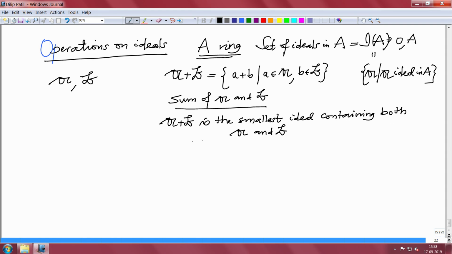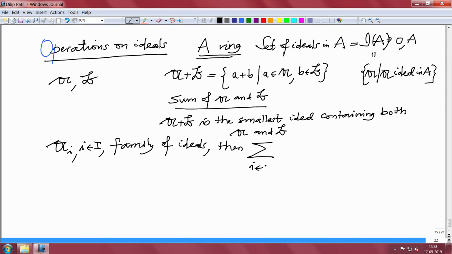And this observation will allow us to define, if I have an arbitrary family of ideals A_i, i in I, then we can define the sum over i in I of A_i.